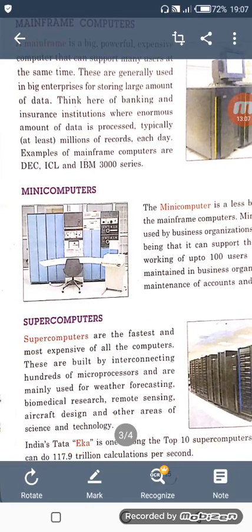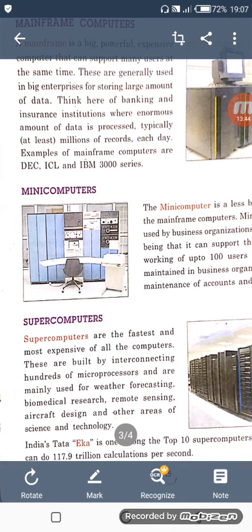Supercomputers are the fastest and most expensive of all the computers. These are built by interconnecting hundreds of microprocessors. See, a single microprocessor is made up of thousands of silicon chips, thousands of integrated circuits. Just assume how powerful a supercomputer is in which hundreds of microprocessors are used.